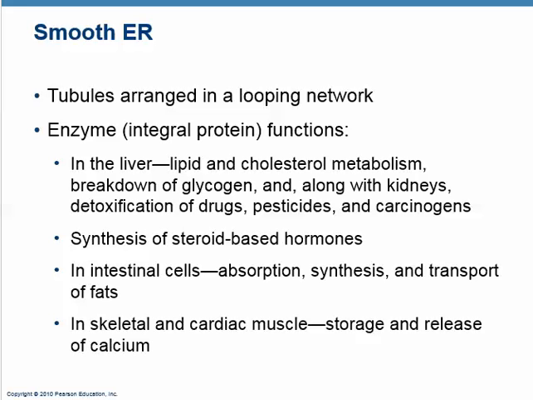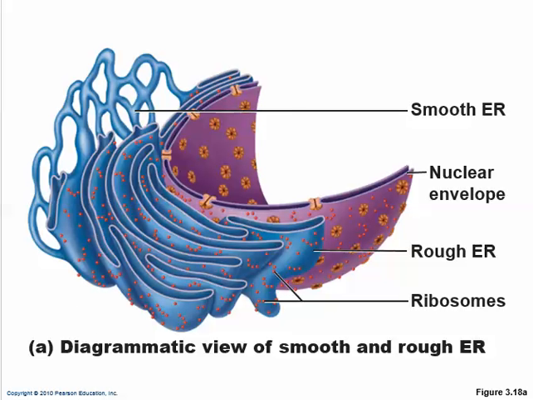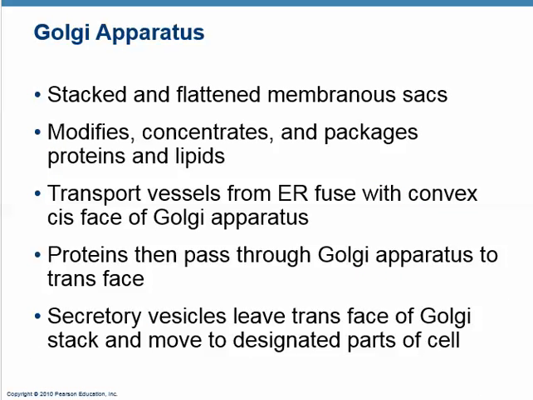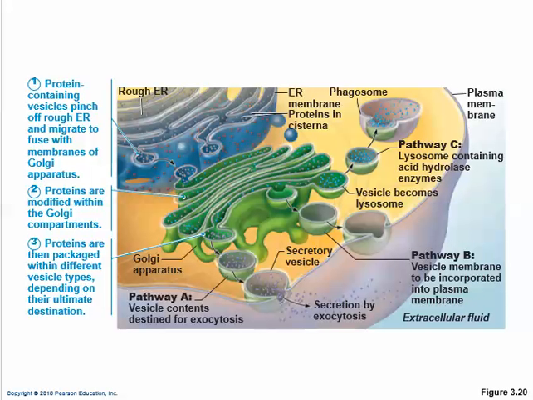So if this series of tubes here is the endoplasmic reticulum, and that's an assembly line, then the Golgi apparatus, which looks remarkably similar, it looks like this, is really the warehouse. It's shipping, warehousing and shipping of these proteins.